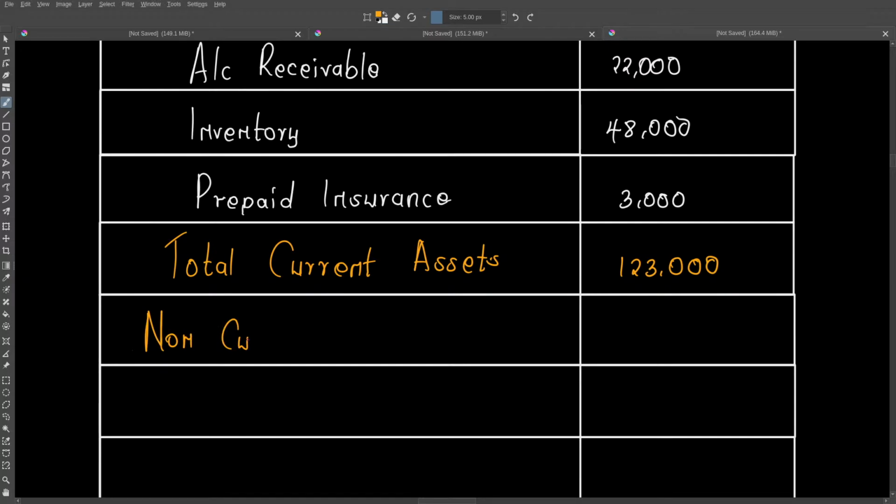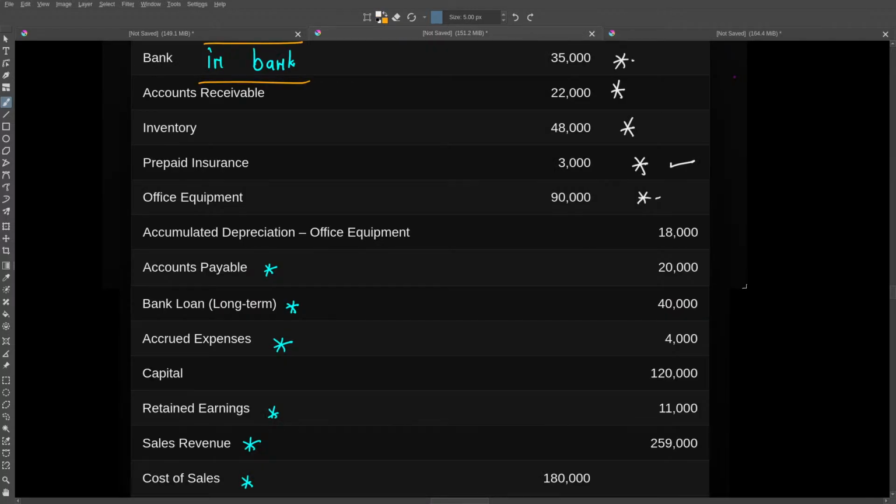Now let us look at the non-current assets we have for this example. We have been told the office equipment, which is a non-current asset, with an amount of 90,000.